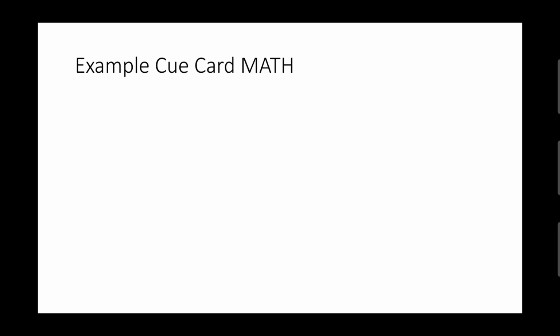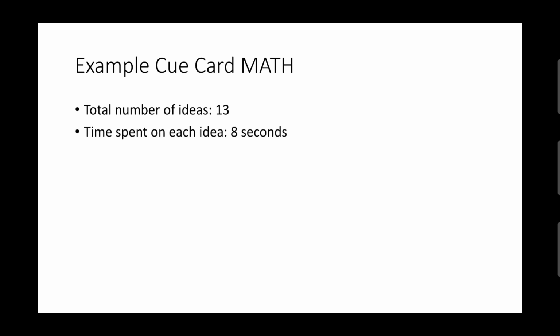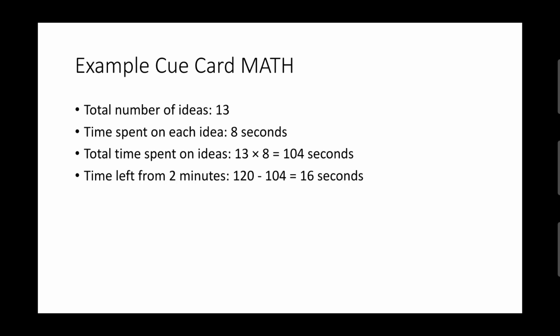Now, what is the math of this cue card? There are a total of 13 ideas in this cue card, and the time spent on each idea, just say, is 8 seconds, so the total time spent on ideas is about 104 seconds. Next is time left. How much time is left?